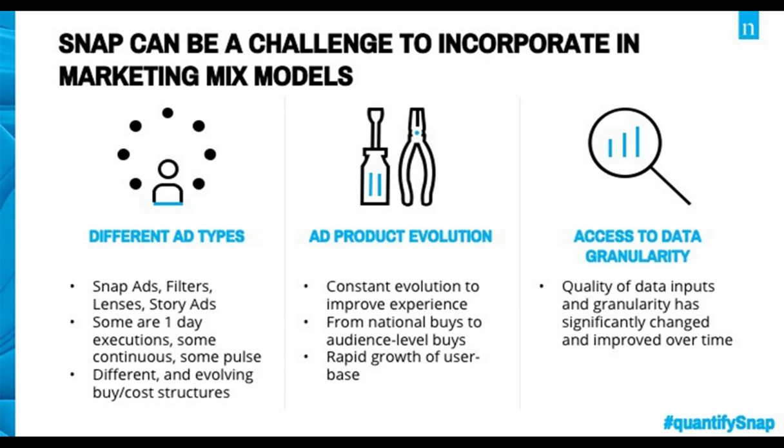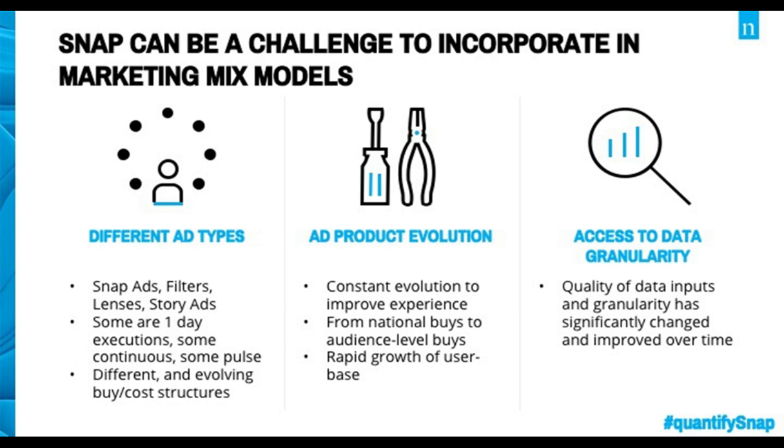So, bringing us to Snap. When Snap was emerging as a new touch point and tool to strongly engage with consumers, we saw some early challenges in making sure that the read could be as precise as possible. First of all, Snap has some different ad types that are very unique, right? Obviously, you have Snap ads and filters and lenses.